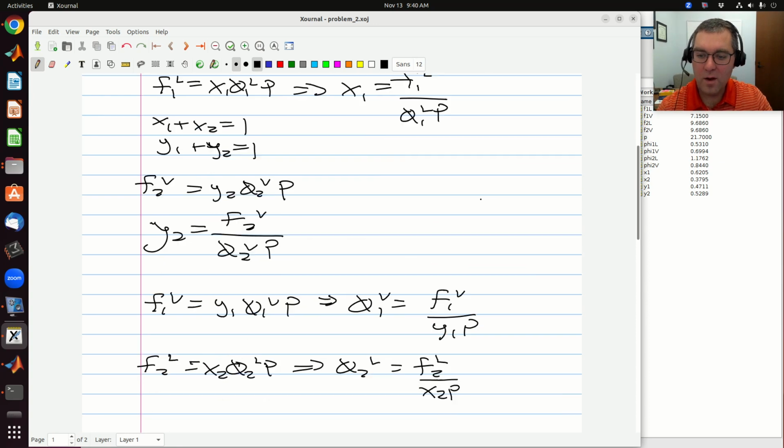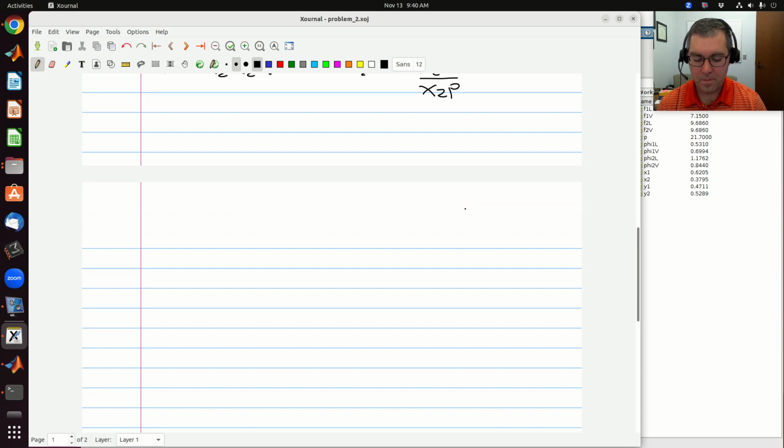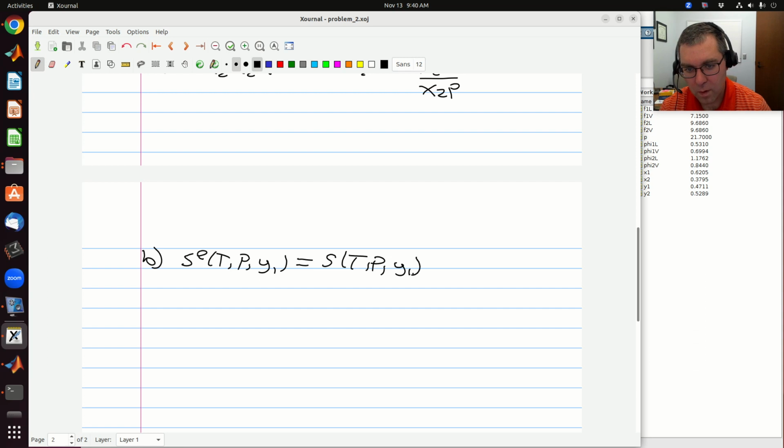Now in terms of B, in my head the key is that we're given the residual entropy of my mixture at a given temperature, pressure, and composition. And I remember that residual is equal to actual relative to that of an ideal gas.